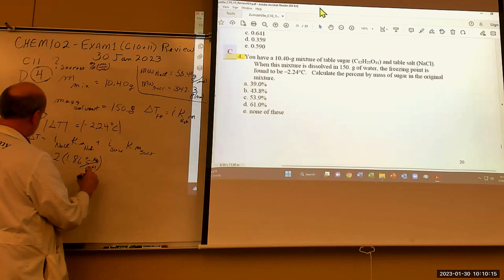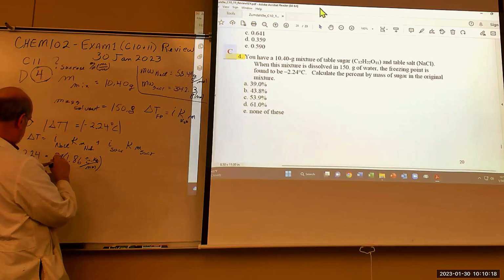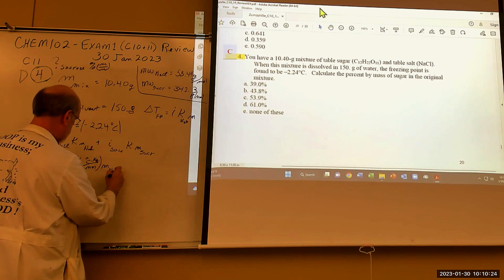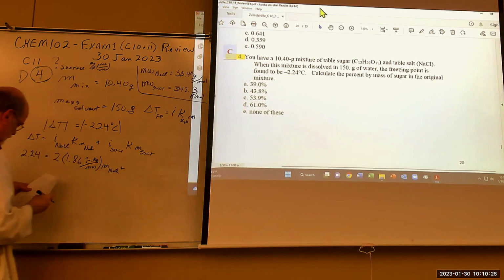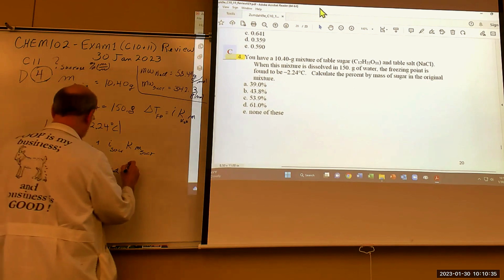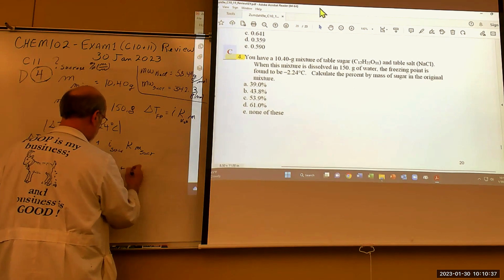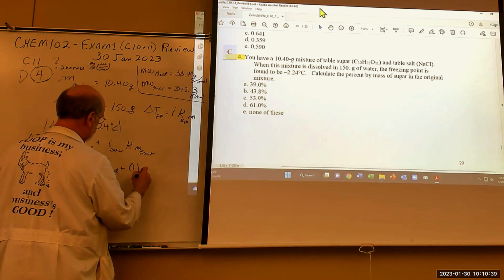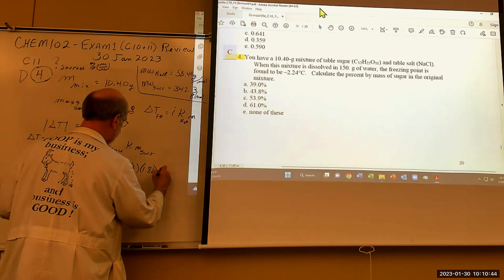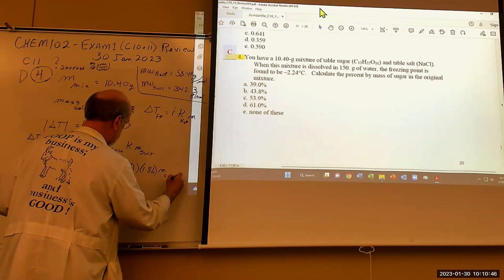Multiply. And then molality of sodium chloride, so that's our unknown for that one. And then this one is 1 for sucrose, and this is 1.86, and this is molality of sucrose.